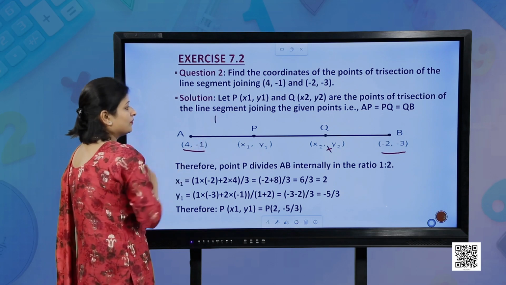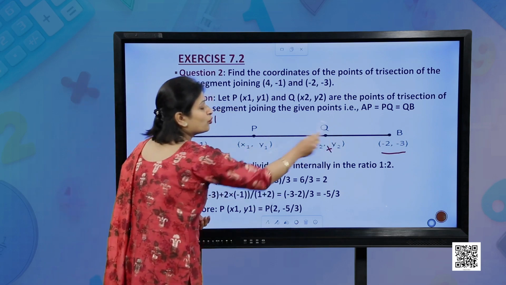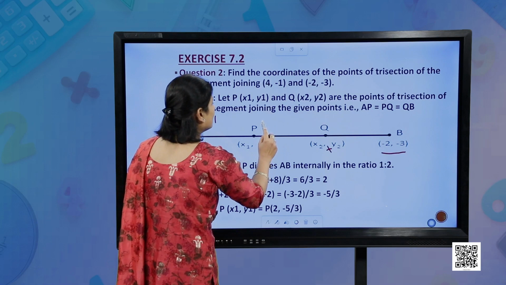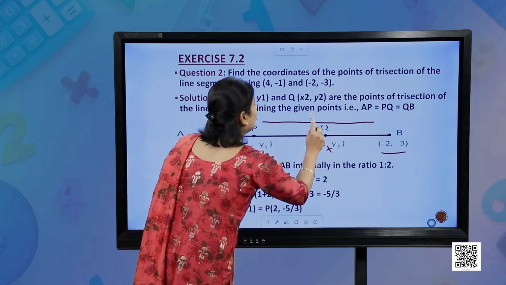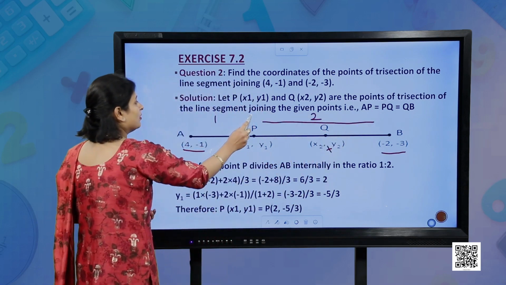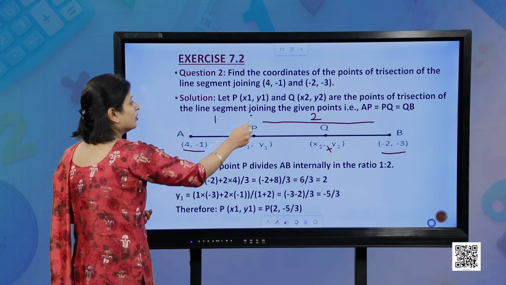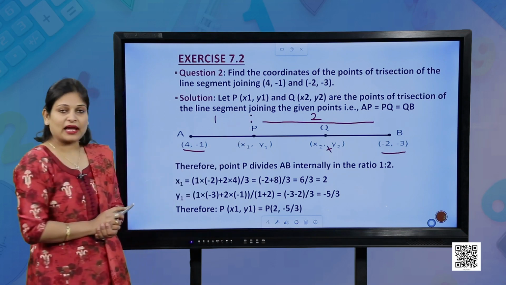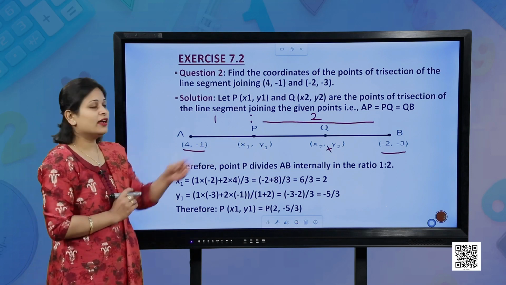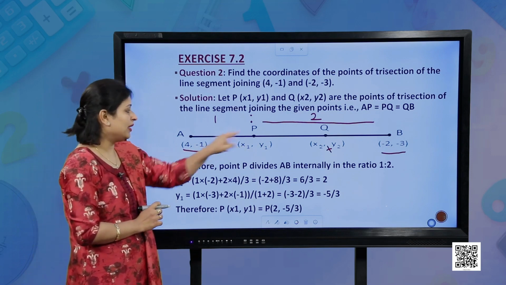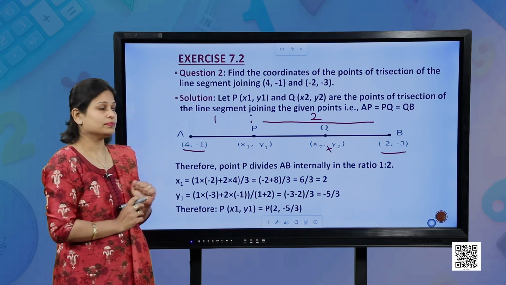So, this is 1. Since this is divided into 2 equal parts, I will take this as 2. So, the ratio will become 1:2. Now, I can apply the section formula to find the coordinates of point P, which is x1, y1.